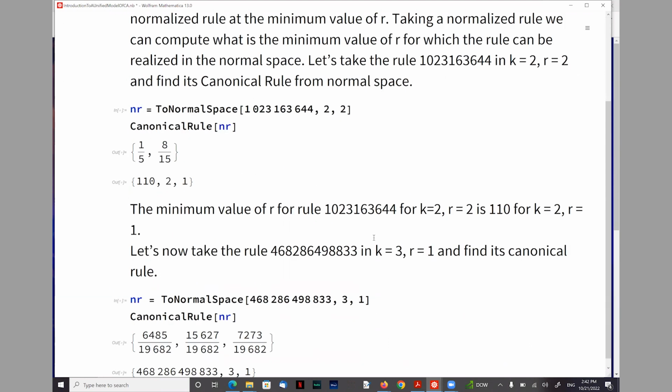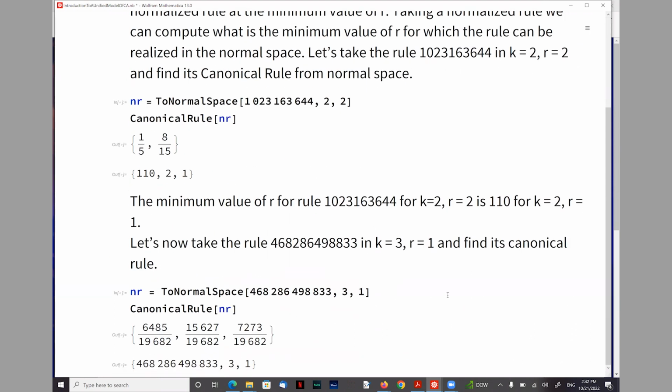So in this case, the minimum value of R for the rule, whatever, 1 billion, et cetera, and K2 R2, it's actually 110, and I chose that because I knew what it was going to be.